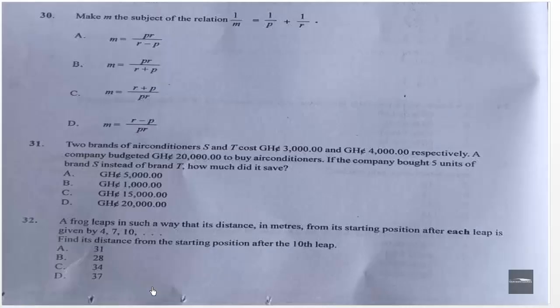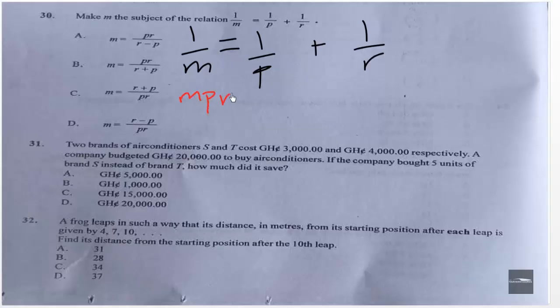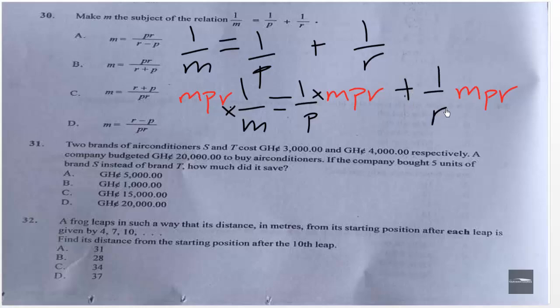Make M the subject of the relation 1 over M equal 1 over P plus 1 over R. So we multiply through by the LCM, which is MPR. Multiply each of the terms by MPR. So this will give us MPR times this, times this.